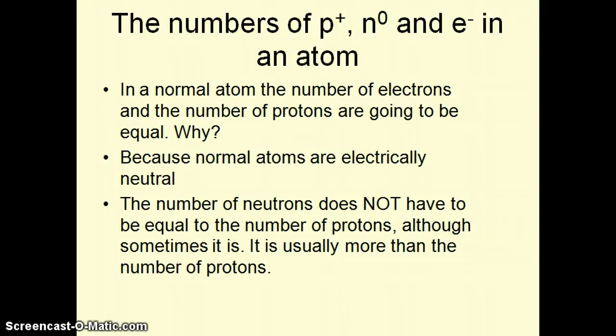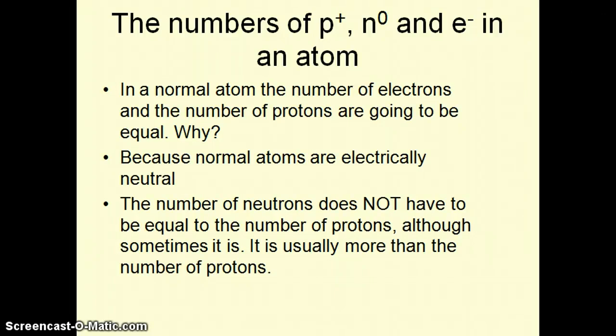The reason for this is that normal electrons are electrically neutral. So you can't have a positive or negative charge. And so the number of neutrons doesn't have to be equal. The number of neutrons has no effect on the overall charge of the atom.